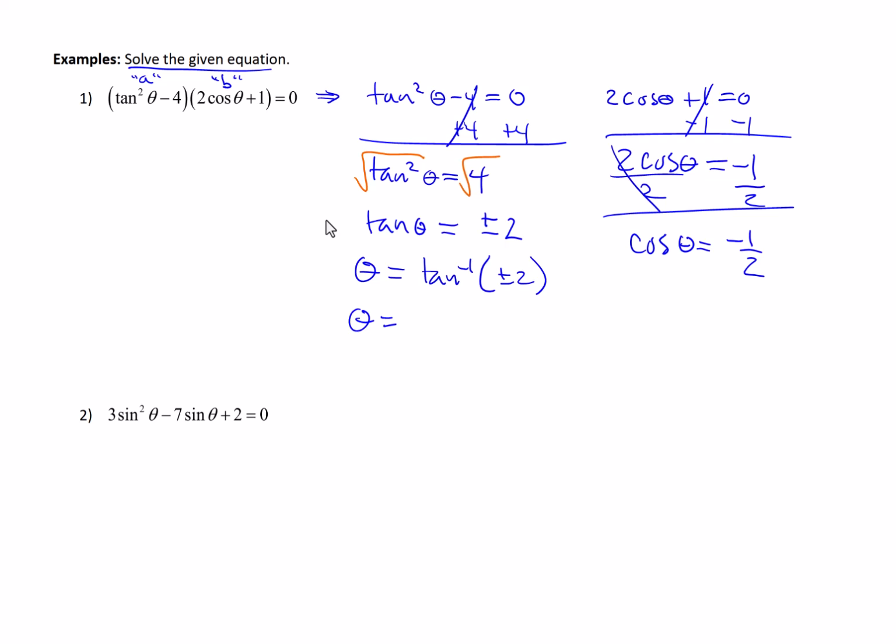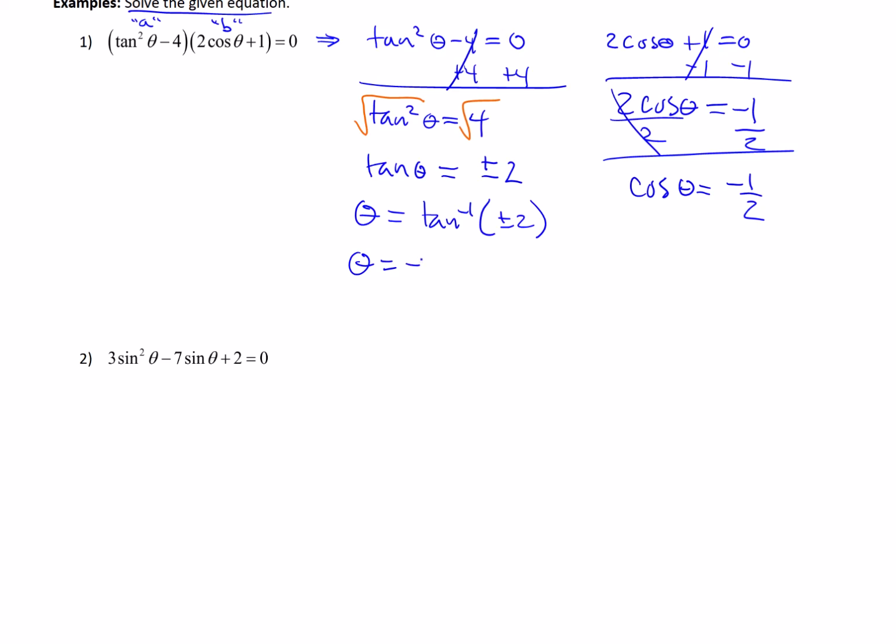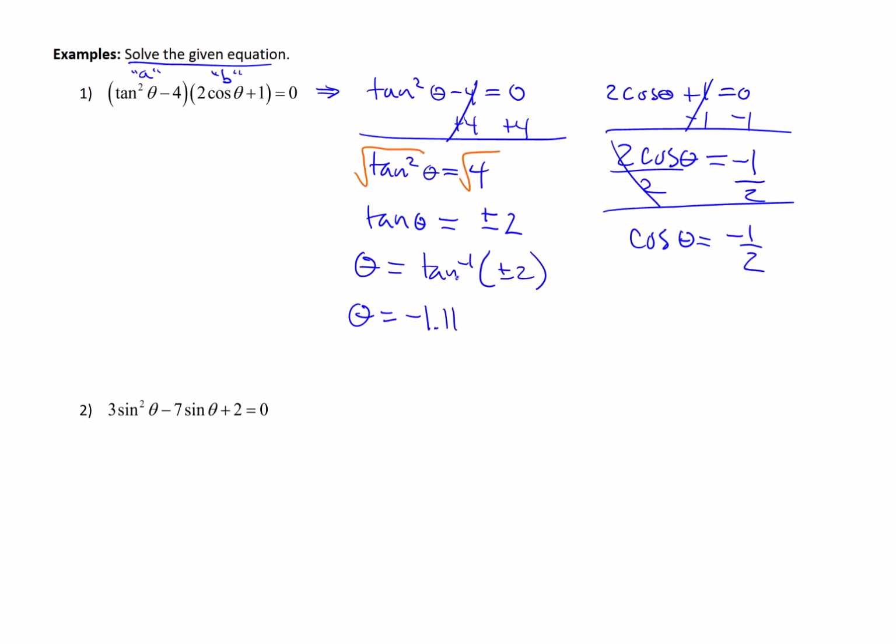So we're going to say theta equals -1.11. That was one of those values that we got directly from the calculator. However, as you may recall from that basic equation video, we have to add or subtract multiples of the period of the function in order to account for the other possibilities which go on forever.